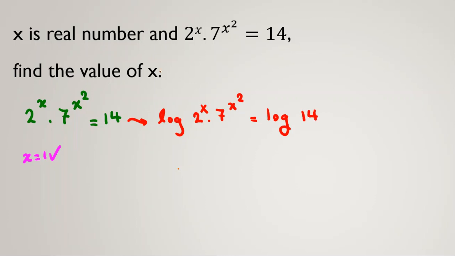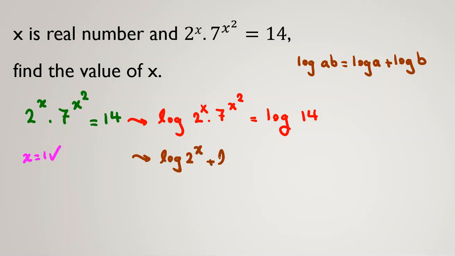And if we want to apply log rules when we have a product, if we have log AB, we can write it as log A plus log B. So I can apply it here and write log 2 to the x plus log 7 to the x squared equal to log 14.